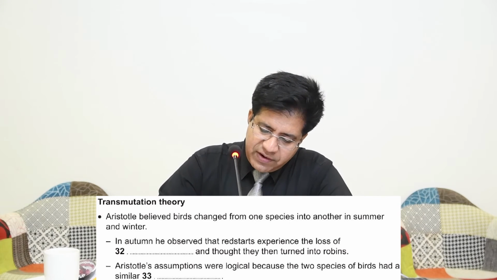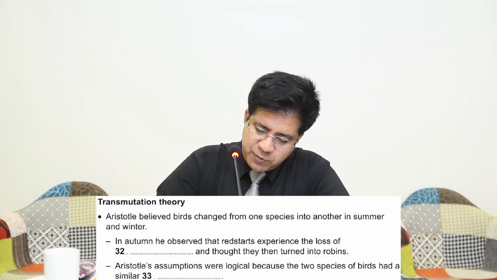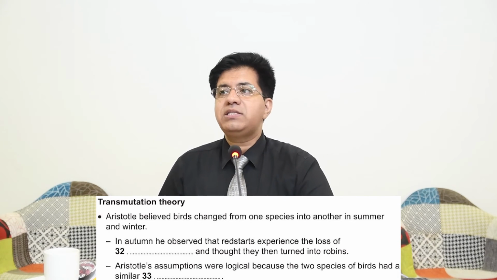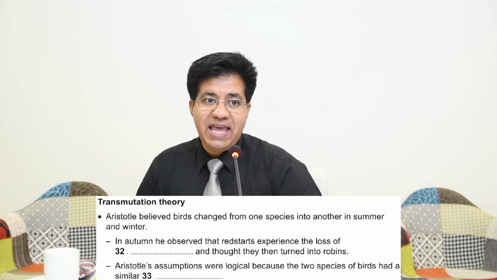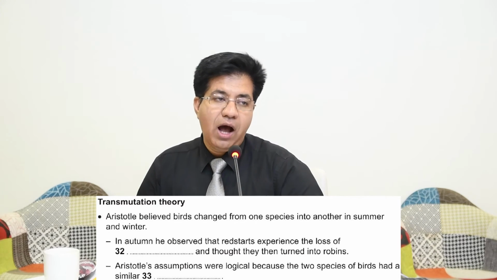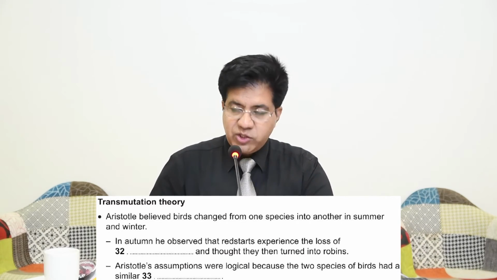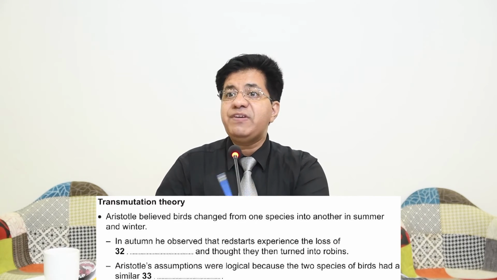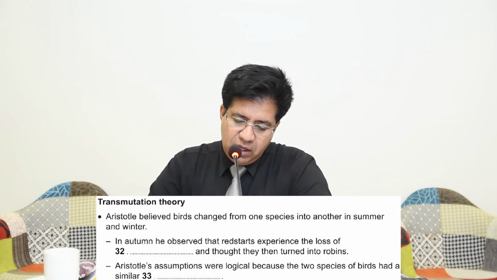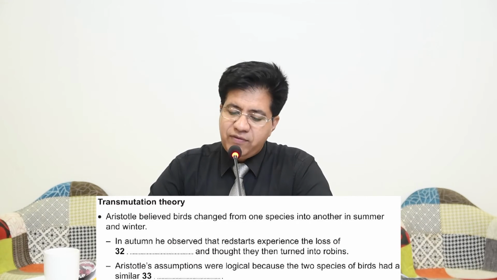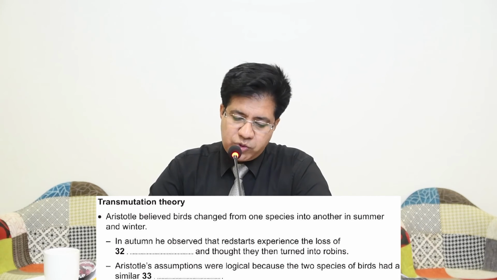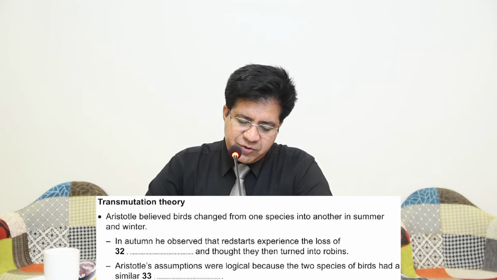Began to lose their feathers. So experienced the loss of, and for that they use began to lose. Answer is feathers. How do you spell it? Feathers. It's not feather. Some people pronounce it as feather. It's feathers. Now we've got question number 33.